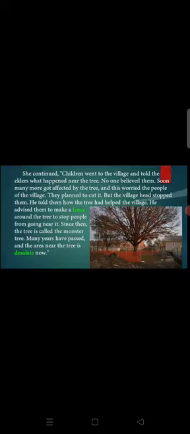If a tree becomes a monster, they started to worry now, because they used to play under the tree, take rest, and the birds made nests on it. Suddenly the tree became a monster. So they planned to cut the tree, but the village head stopped them.